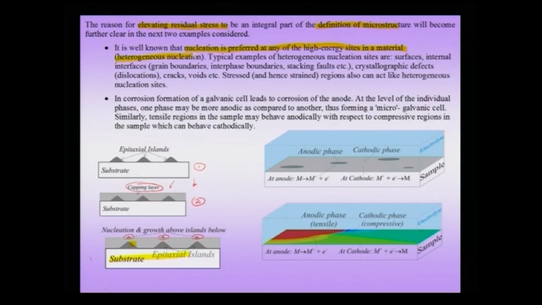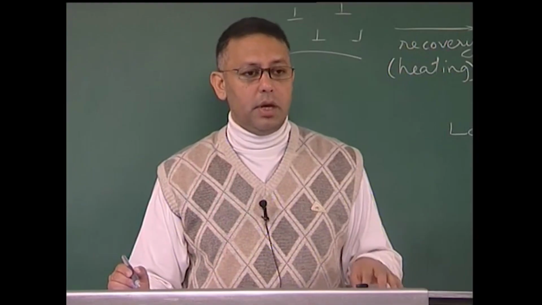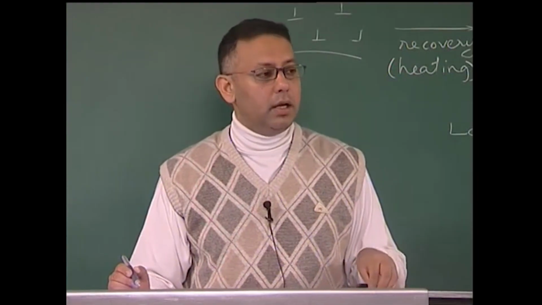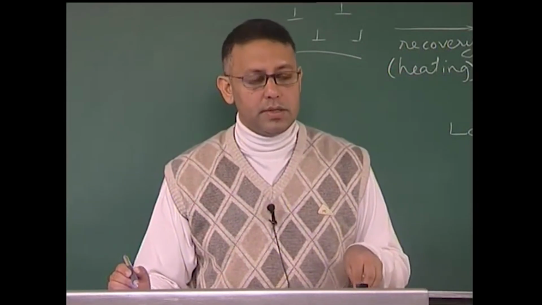And surfaces, as I cited, internal interfaces like grain boundaries, interface boundaries, stacking faults, etc., are preferred sites. These preferred sites could also include crystallographic defects like dislocations and other kinds of defects we just talked about, like cracks and voids. From this example of heterogeneous nucleation, we can see that strained regions in a material can also act like heterogeneous nucleation sites.